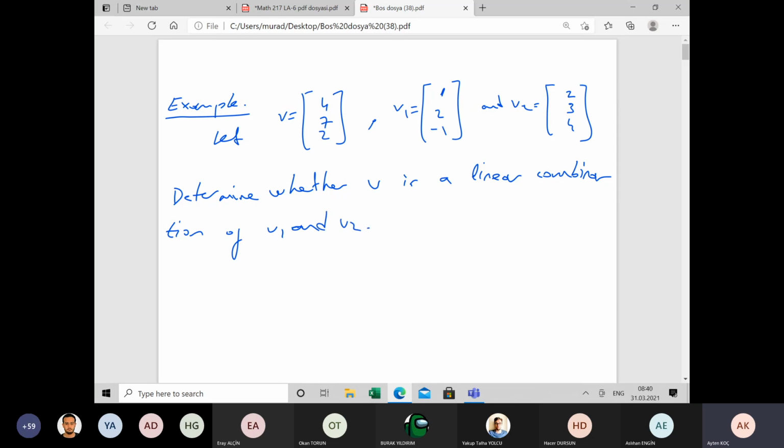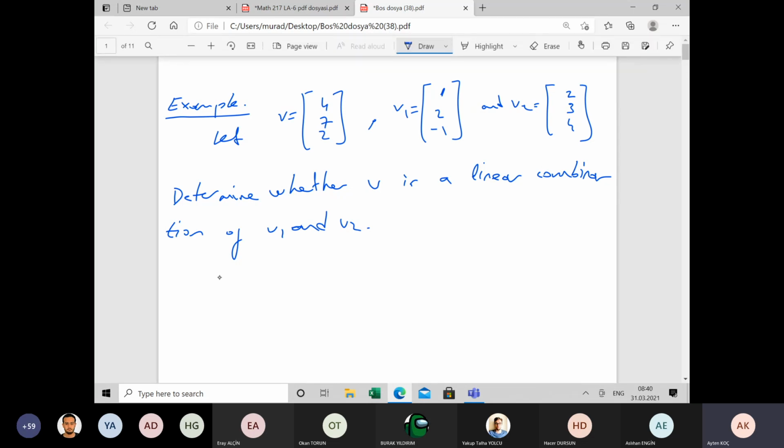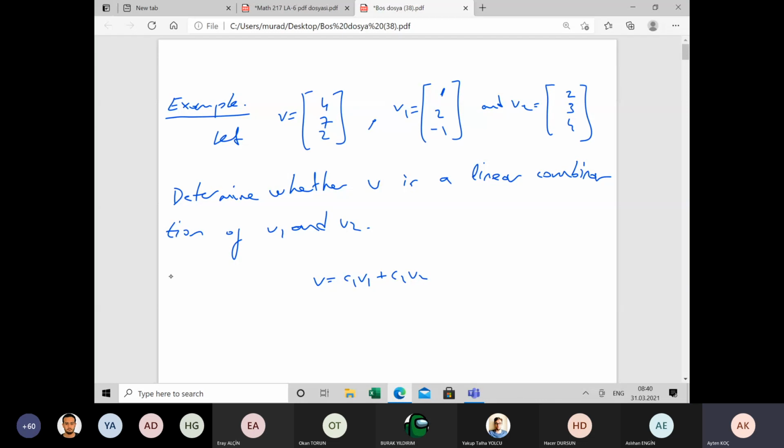How do we check that V is a linear combination of vectors? You have to check that V can be written in this form: V is C1 V1 plus C2 V2. That is our aim. You have to find C1, C2 such that V is C1 V1 plus C2 V2.